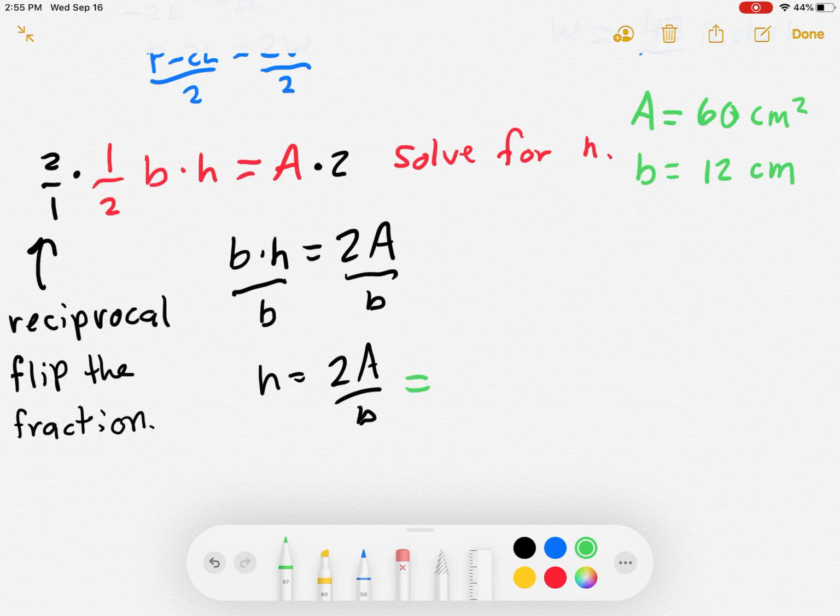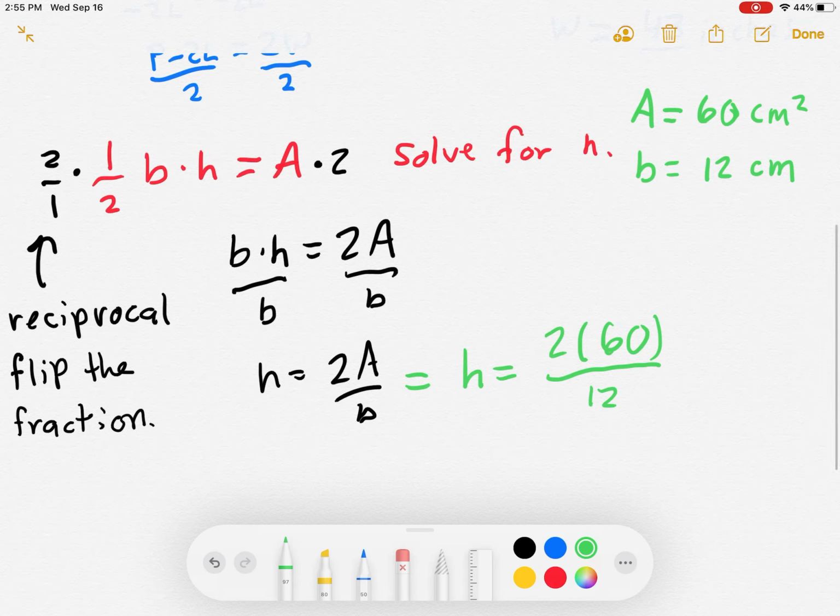So we end up with h equaling 2 times 60 divided by 12. Well, we know that 12 goes into 60 5 times, so this is the same thing as 2 times 5, or 10. But that's not our final answer. Make sure we also include the units: h equals 10 centimeters.